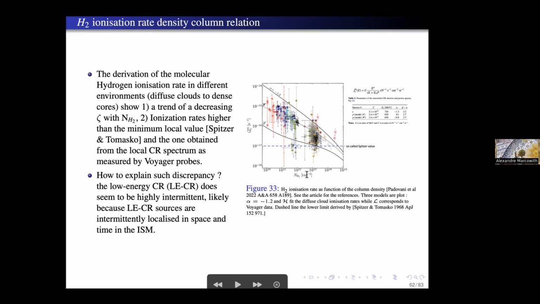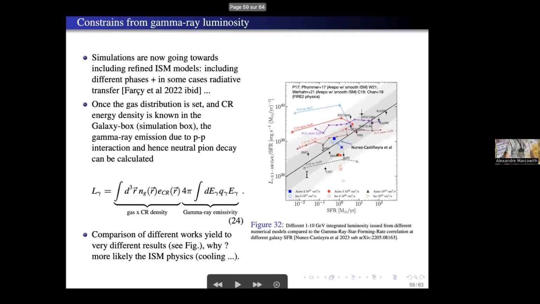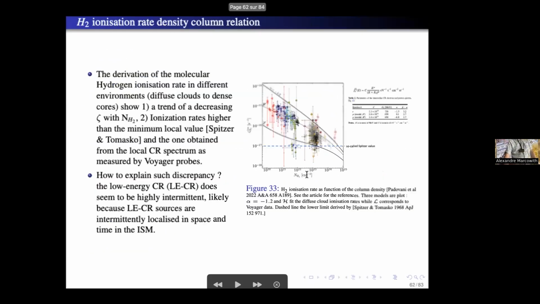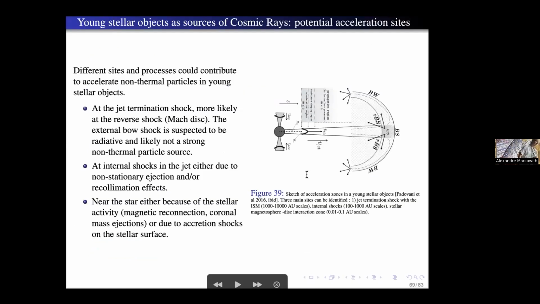Yes, we use GMRT data. I don't know if I have a plot here for that. I was speaking about GMRT data for this type of stuff because GMRT has observed, well, a kind of archetype of a T2 star, let's say. And what they found on the hotspot is non-thermal emission.